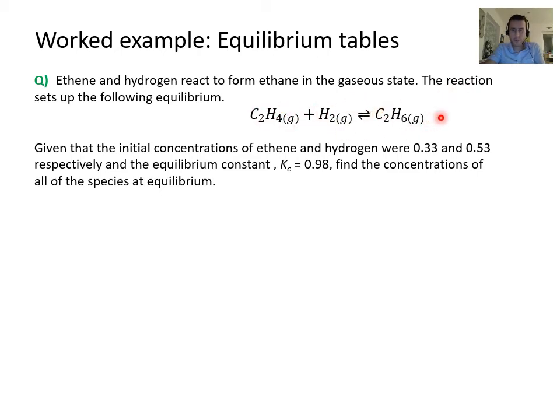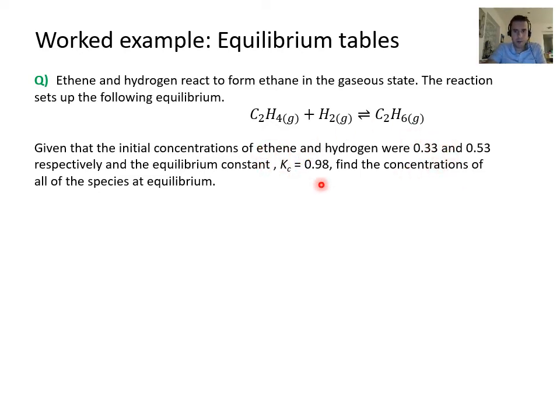We've been given initial concentrations of ethene and hydrogen. We haven't got any units, but it doesn't really matter for the purpose of this question. We could just assume these are molar, or indeed their initial partial pressures, which is more likely in the gaseous state. But nevertheless, they are what they are. Our number in the end is going to end up with no units too, isn't it?